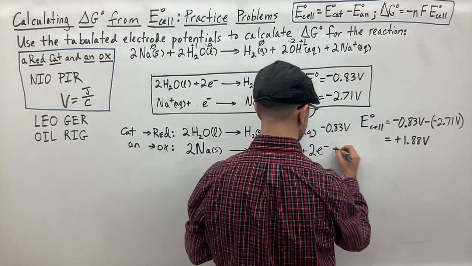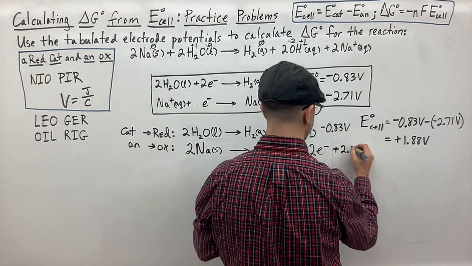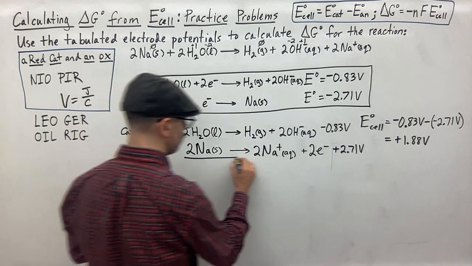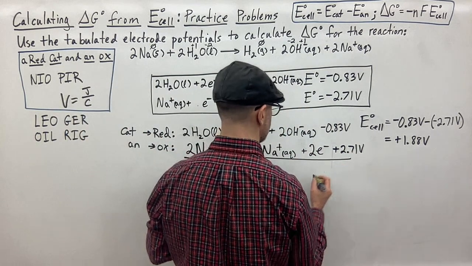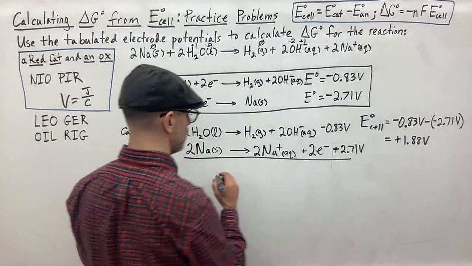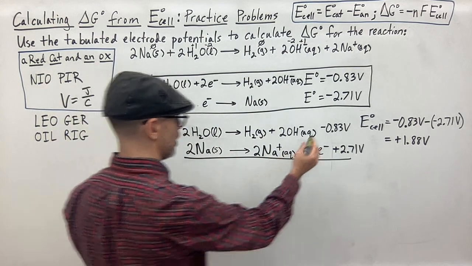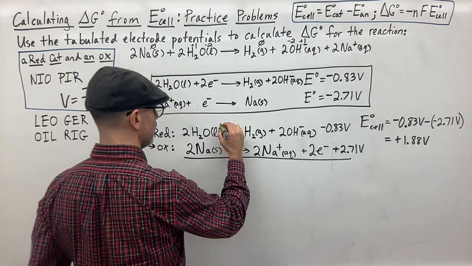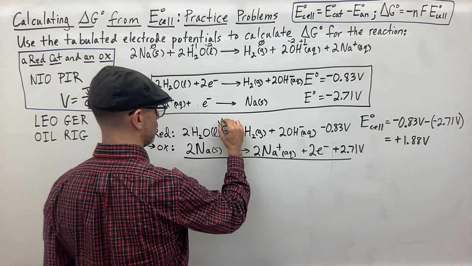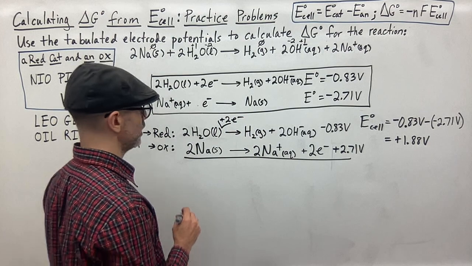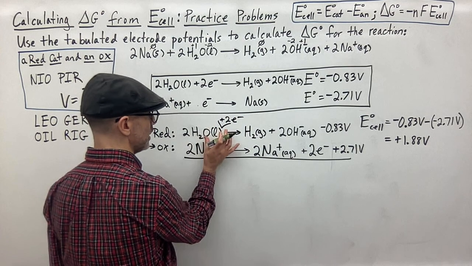So it would be a positive 2.71 volts. So then when you add these two equations together, oops, I forgot electrons. Oh, I forgot the two electrons here. So here, this one is actually gaining plus 2 electrons. I forgot to put that in there. So this one's gaining electrons.